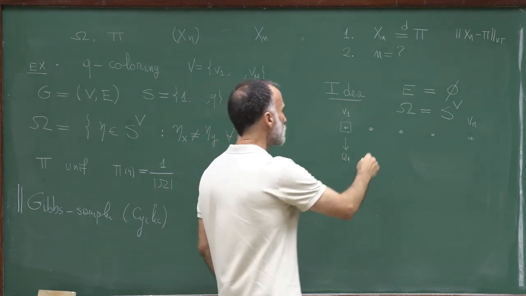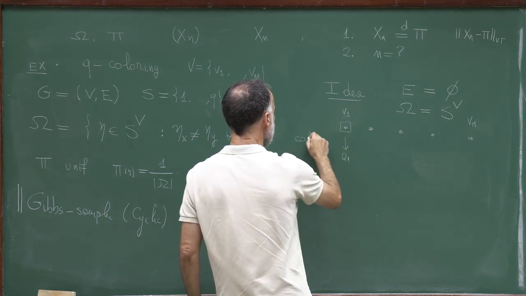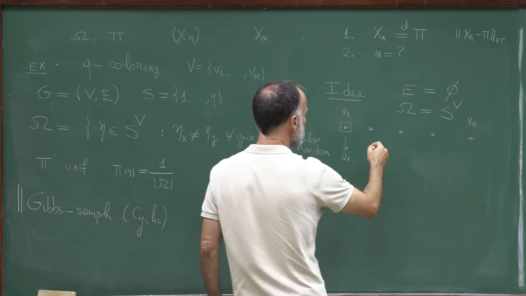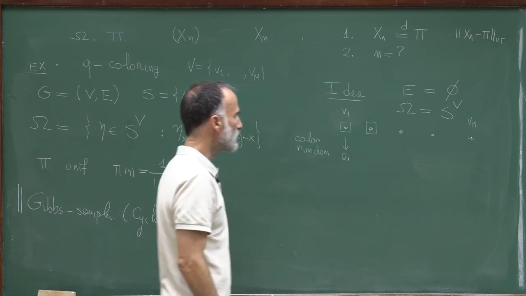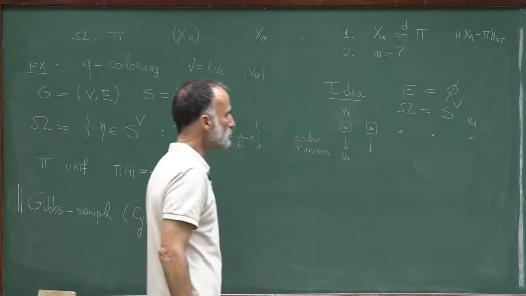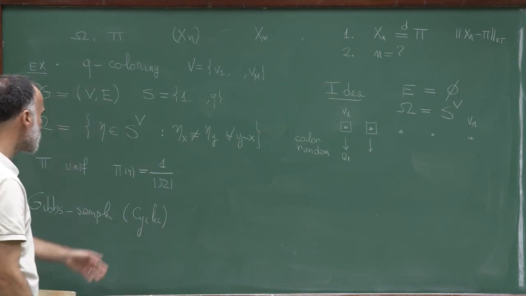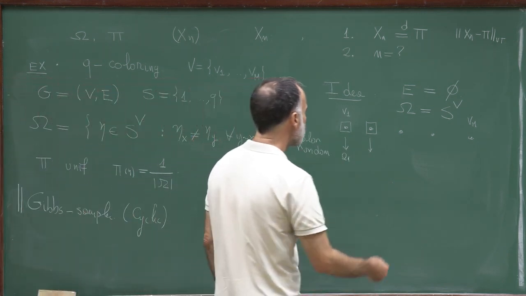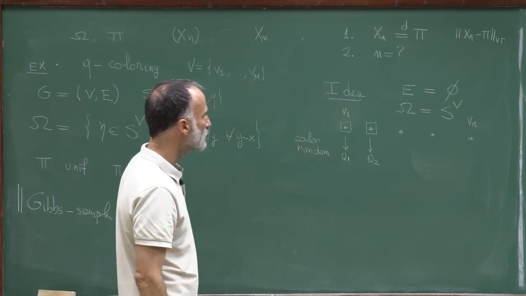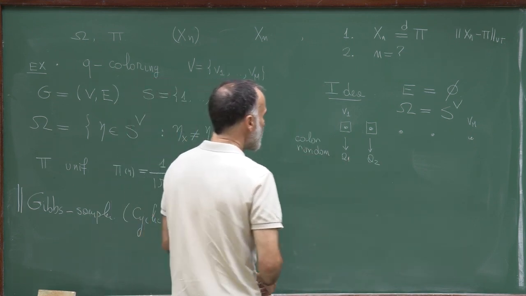The color will be chosen at random, so with uniform probability. Then the cyclic Gibbs Sampler would look at the second vertex and will update the value of the color of this vertex. Since all colors are possible, it will choose one at random and give this color, say A2, to the second vertex, and so on.